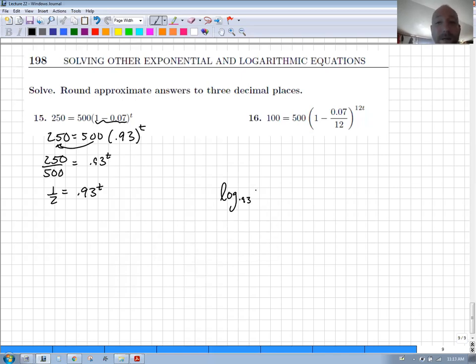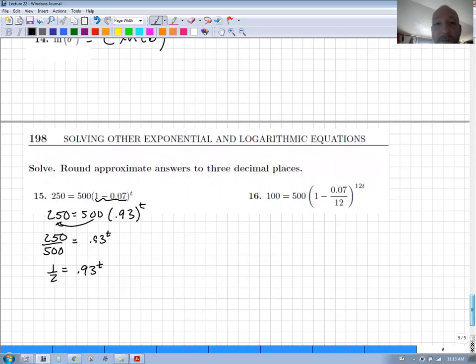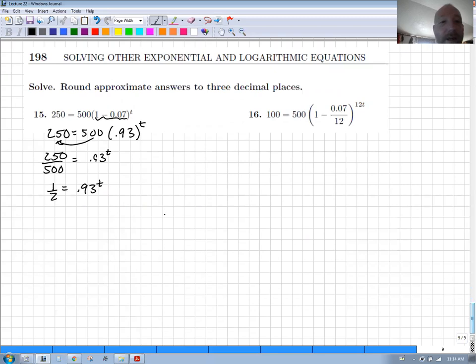It really doesn't matter which log we use here because of that trick that we just saw, this power rule. We can use any log we want. Check it out. If I take natural log, I can take the t and put it out front.